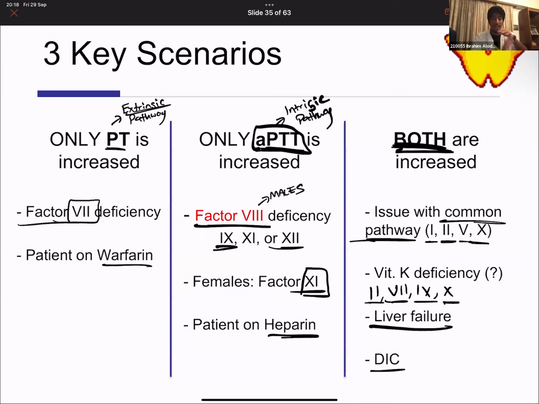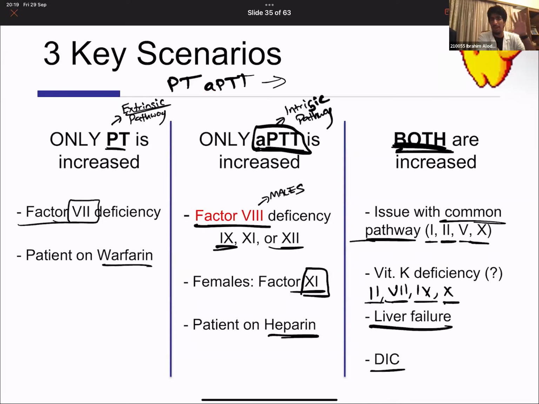Make sure if you don't understand the slide, you ask. When you say increased, do you mean the blood won't stop? No, by increase, I mean the time of the test. PT and APTT both measure the time it takes for a clot to form, so that's done in seconds.